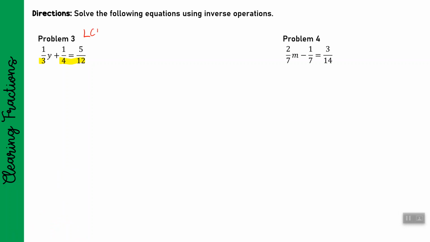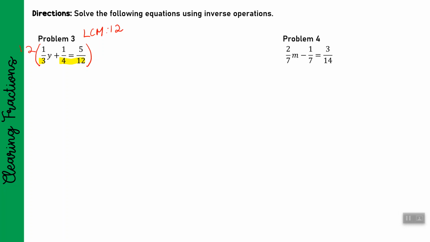So we call it the least common multiple, or least common denominator in this case, 12. So what we're going to do is make ourselves this really large distributive property, and we're going to multiply every single term by 12. Now, since we're multiplying a whole number by a fraction, we multiply by the numerator, or the top number, and divide by the denominator.